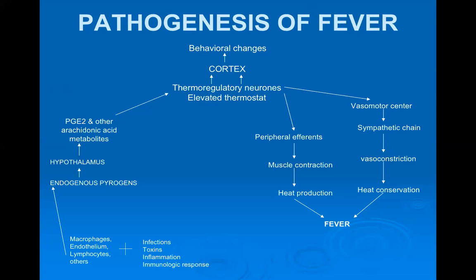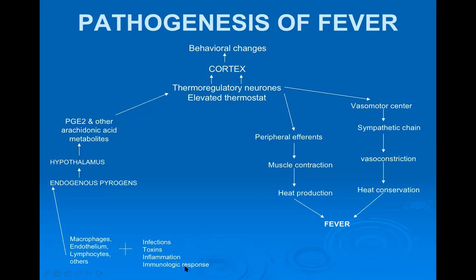Now, please pay attention here. Whenever somebody is having infection, viral infection, bacterial infection, fungal infection, or any severe type of parasitic infection, if we are having inflammation like allergic manifestation, like connective tissue disorders, if there is an effect of toxins in the body, toxins are again released by the different bacteria.